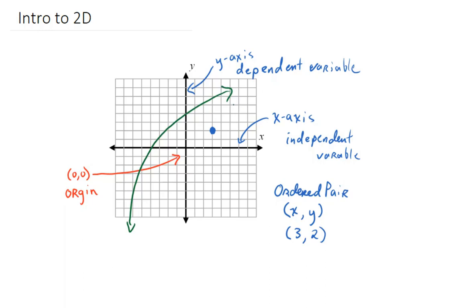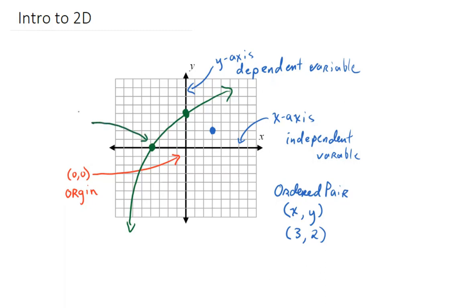So there's two special points with most graphs. It's not always necessary, but there's the point where it crosses the y-axis, and there's the point at which it crosses the x-axis. And these are emphasized for various reasons, as you'll see as we begin covering this material. And because they get emphasized a lot, they have special names.